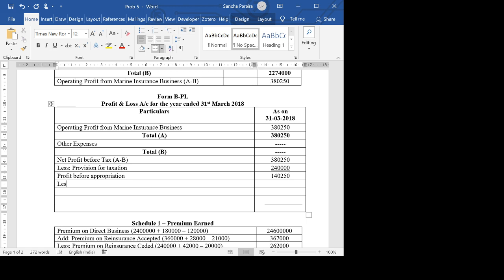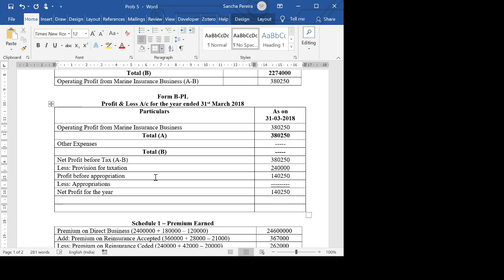Then we normally have any appropriations. We don't have anything, but just to stick to the format, I'm writing this. We don't have any appropriations. So we say net profit for the year is 1,40,250.